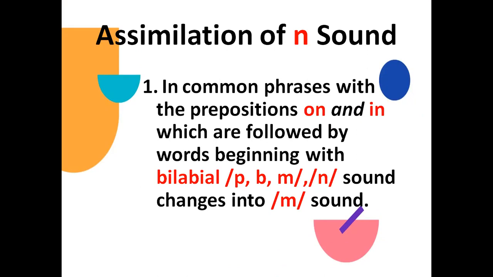What does it mean? Whenever you have the preposition on or in, and after that another word comes, and that word starts with the p sound, b sound, or m sound, what's going to happen? The n sound of on or in will be changed into the m sound.